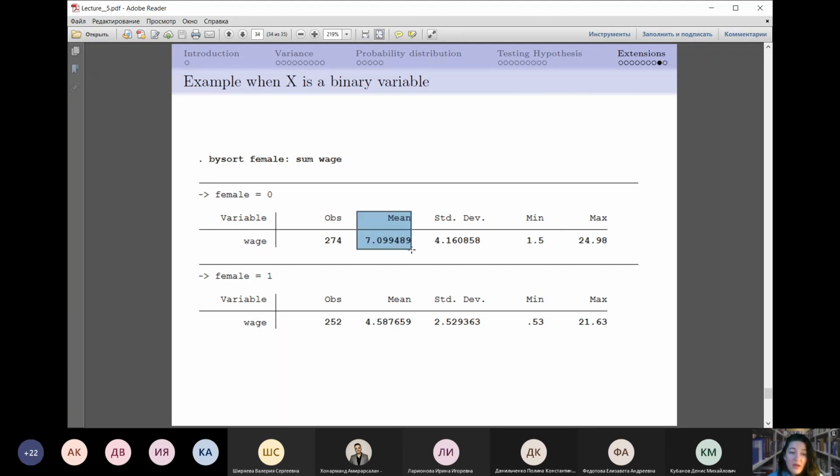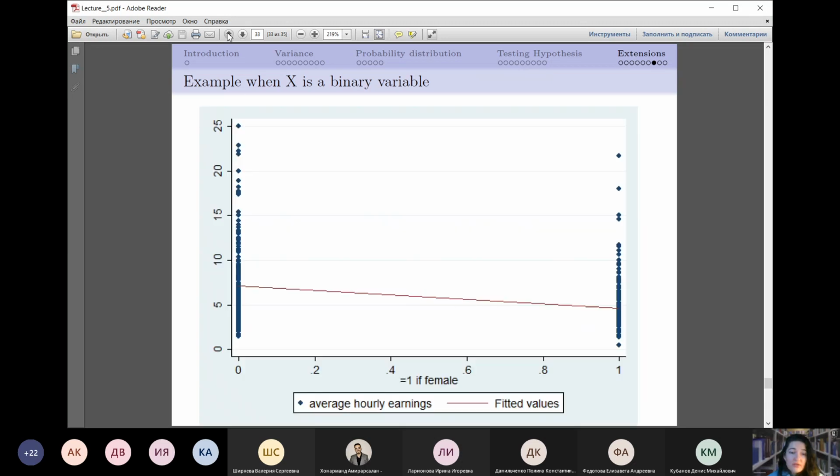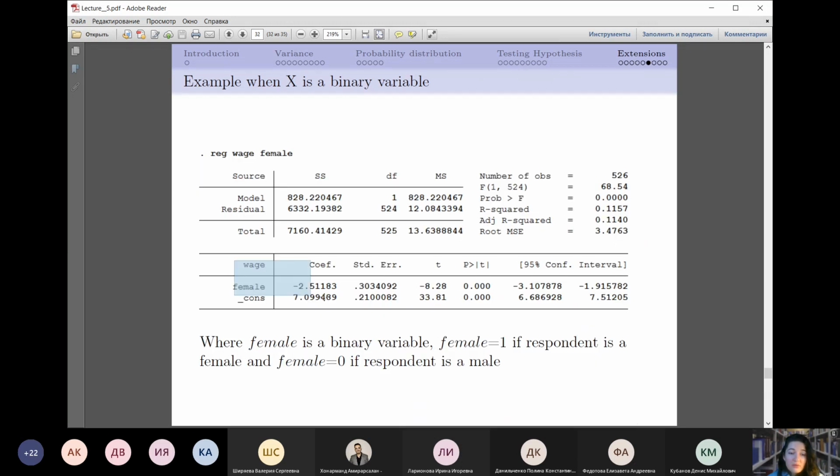You can see that the mean value of the wage for males equals 7, and the mean value of wage for females equals 4.6. So let's return to our regression analysis. After all this discussion, how can we interpret this coefficient?